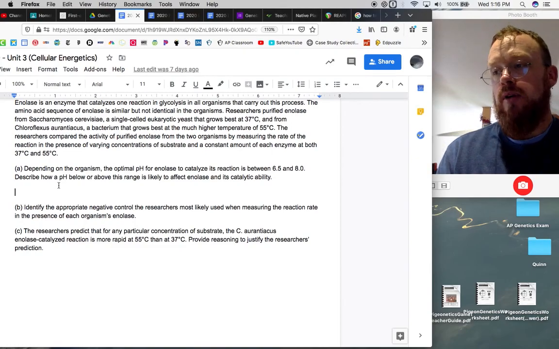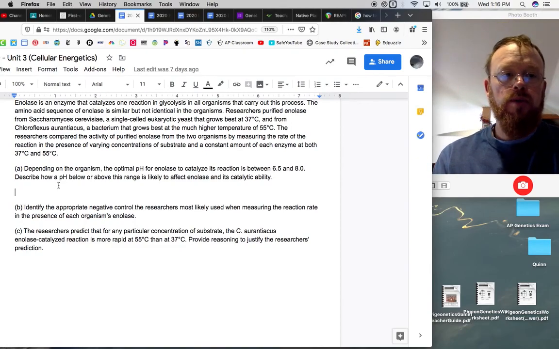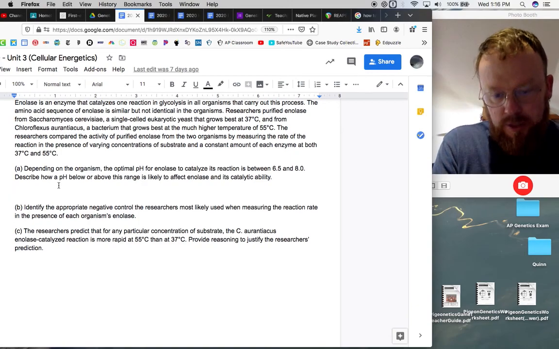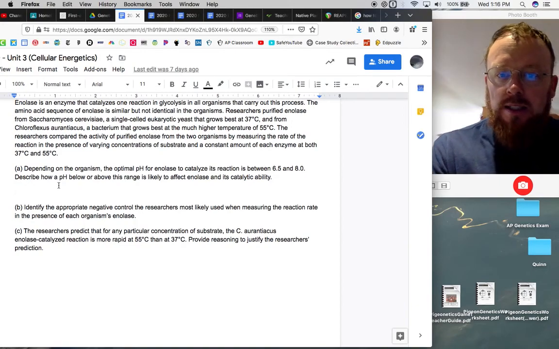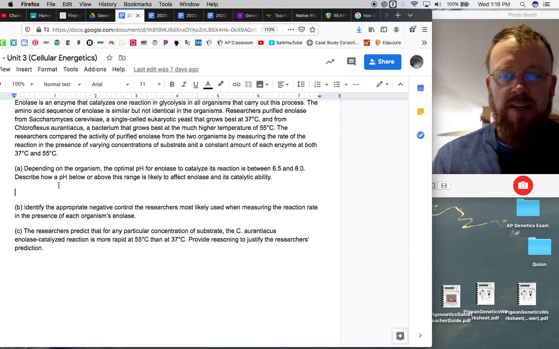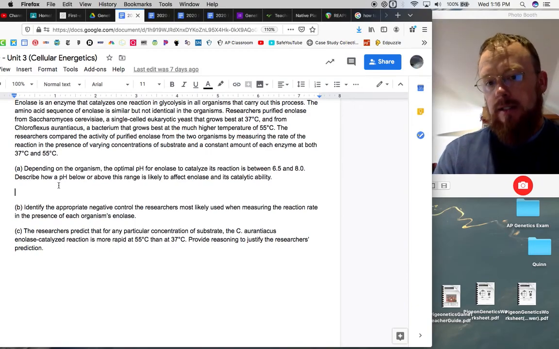And what we know about proteins, again, is that a protein's function is determined by its shape, so when its shape changes, so does its function or its ability to function. And so once the enzyme finds itself outside of its optimal range, it will denature and therefore become ineffective.